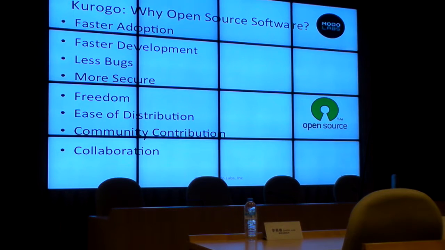Definitely fewer bugs. Every software has bugs, and I don't care who makes it. I don't care what kind of brilliant people are making it, or what kind of big companies are making it. Every software has bugs, and this is another way for us to leverage the community to report bugs, fix bugs, and then create better software. More secure. I think some people have this idea that open source is not secure.